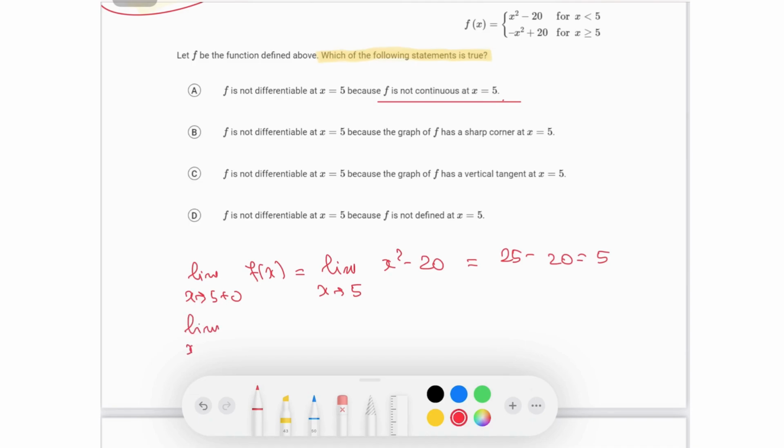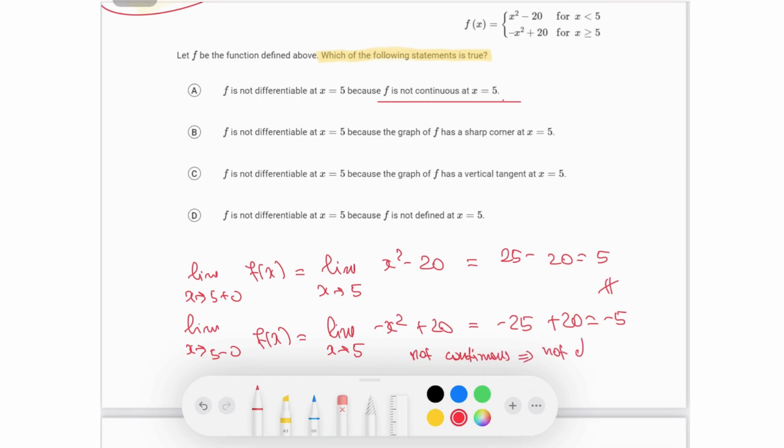And the limit when x approaches 5 from the left of f of x is minus x squared plus 20, which is minus 25 plus 20, which is minus 5. These are not equal, so f is not continuous. Since it is not continuous, it is therefore not differentiable at 5. So A is actually correct.